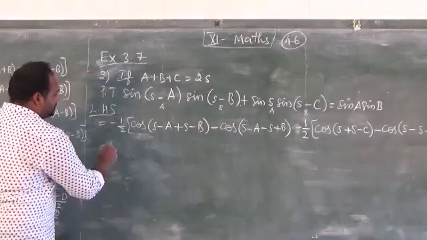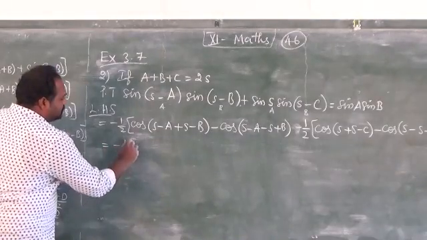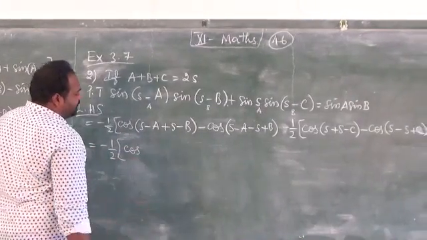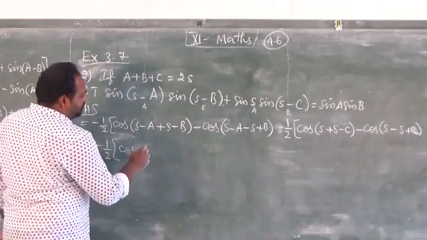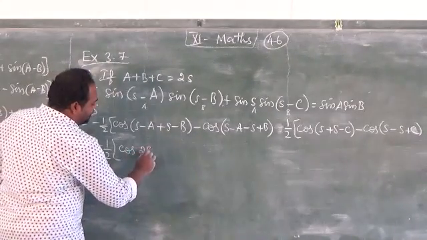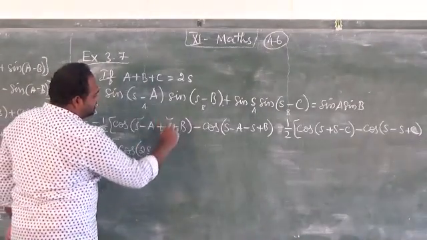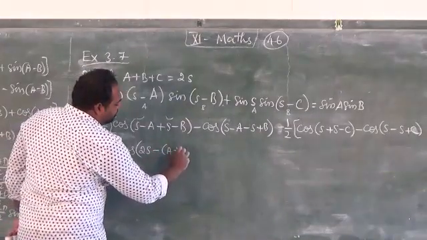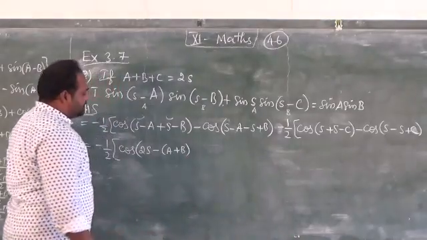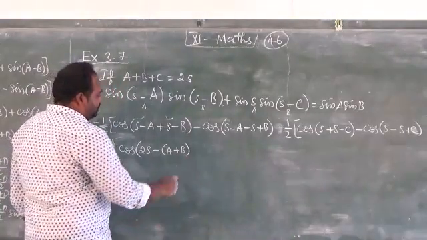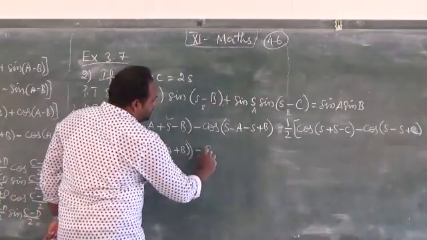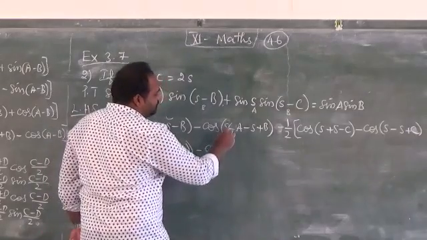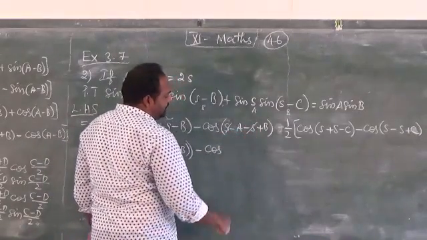So after that, minus 1 by 2 cos of, here we have a cancellation. No, we don't have a cancellation. It is s + s, 2s minus (a + b), then minus cos, here s minus s will be cancelled.